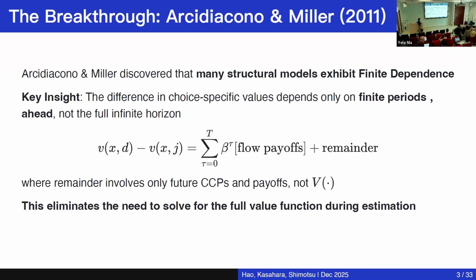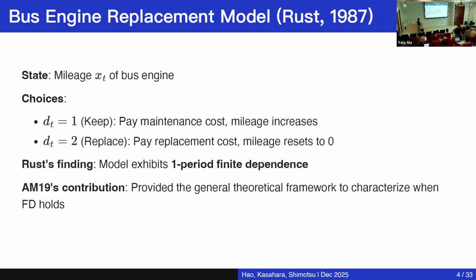And there's no need to solve for the value function in that sense. So now the problem is, can we find such weights for getting rid of the value function in the remainder? Okay, so we start with the Rust example where we have the bus engine replacement.